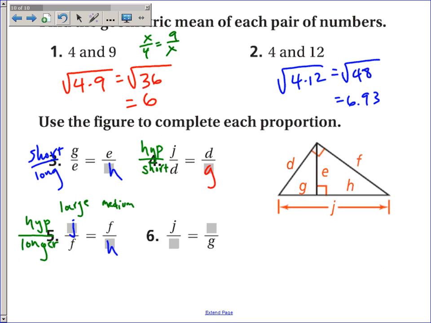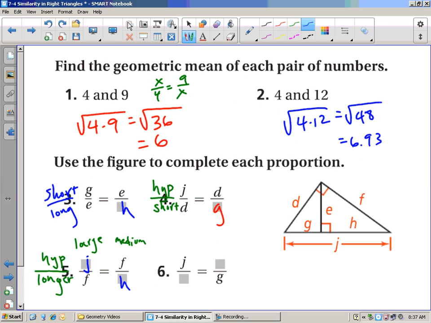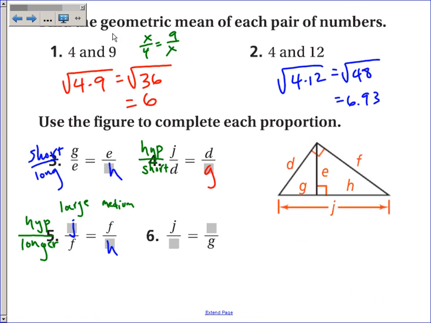Number 6, we're looking at J and G. Now J is a hypotenuse, and G is the shorter leg. So the ratio must be hypotenuse over short is equal to hypotenuse over short. Now, J is the hypotenuse of the big triangle.